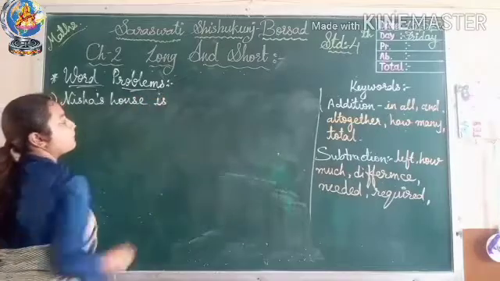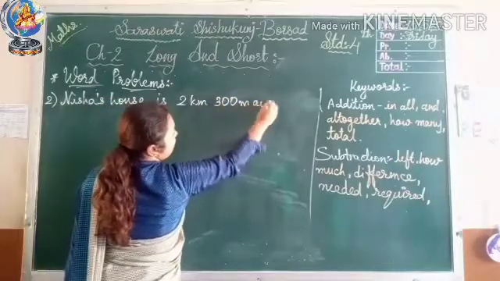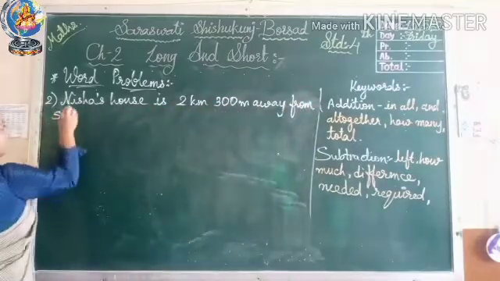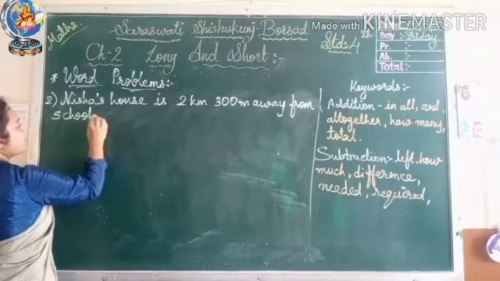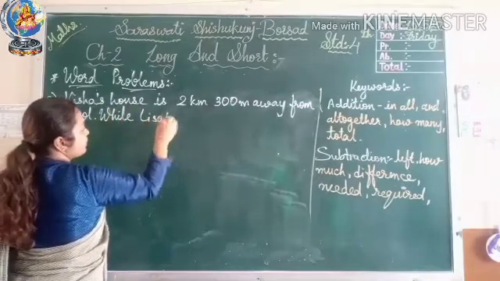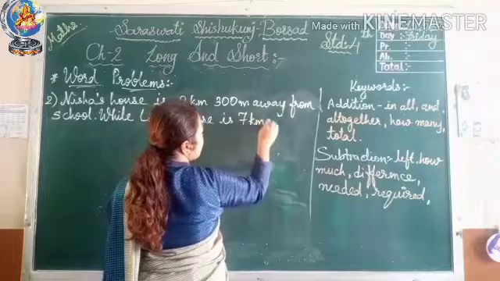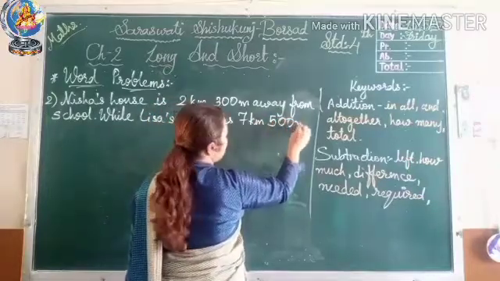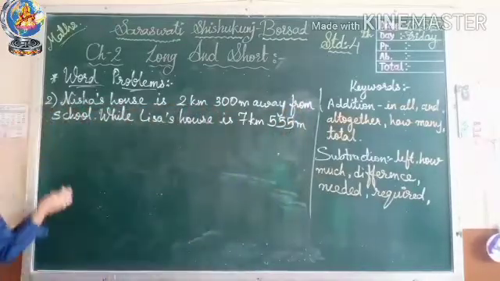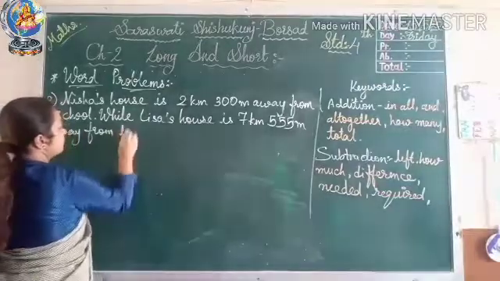Nisha's house is 2 kilometer 300 meter away from school, while Lisha's house is 7 kilometer 555 meter away from the school.